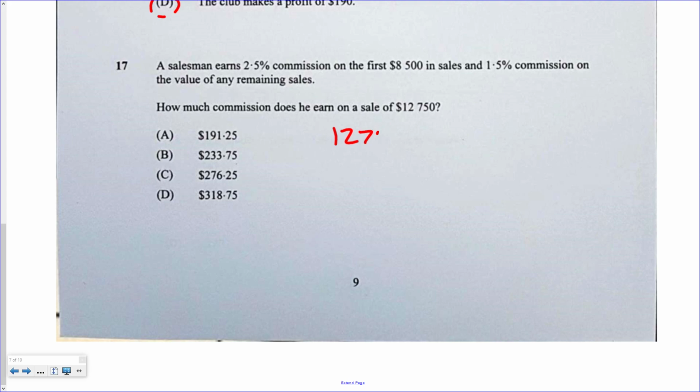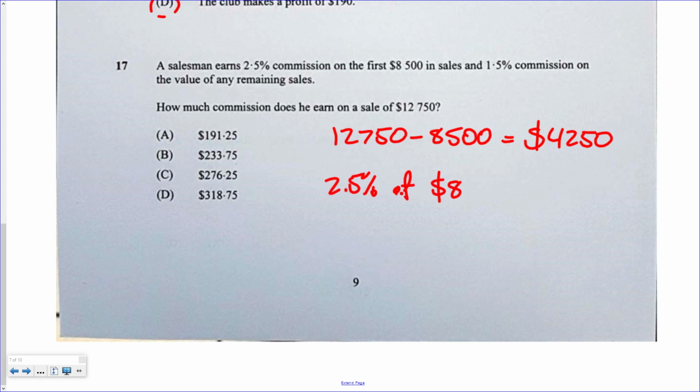So 12,750 minus 8,500, and that equals 4,250. So what that means is we're now going to find 2.5% of that first 8,500, and then we're going to find 1.5% of that remaining 4,250.